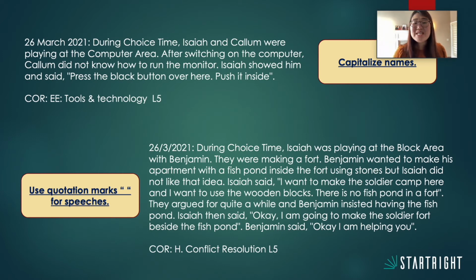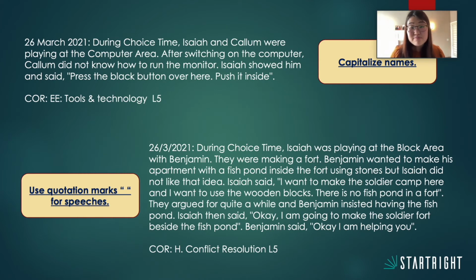Benjamin wanted to make his apartment with a fish pond inside the fort using stones, but Isaiah did not like that idea. Isaiah said, I want to make the soldier camp here, and I want to use the wooden blocks. There is no fish pond in a fort. He wants to use wooden blocks. There's no fish pond in a fort, so that is their conflict.